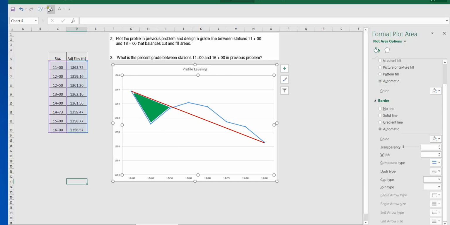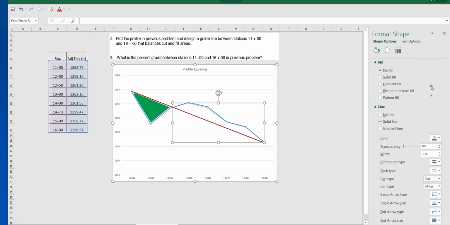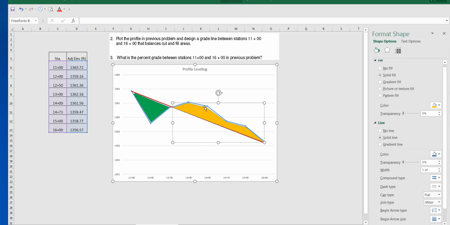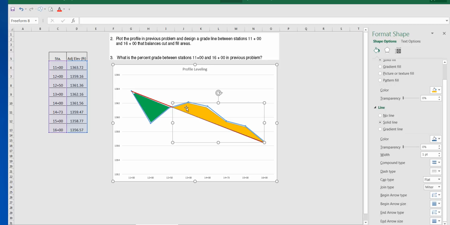Now, if I drew this and did a solid fill of orange, the orange area would be my actual cut area.